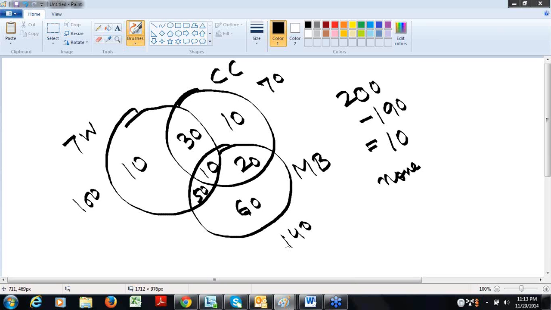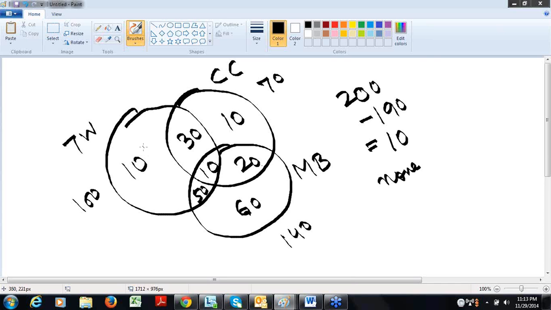Total number of people interviewed is 200. We have to find the people who have none of them. None of them means 200 minus the people who have at least one of the three devices. So we have to subtract from 200. That will give us the number of people who have none of them.